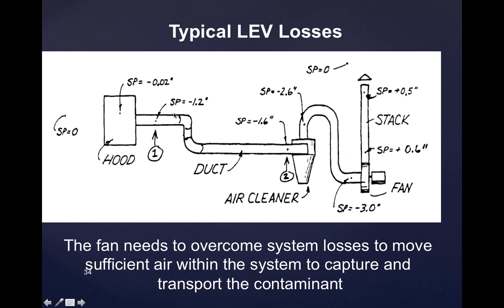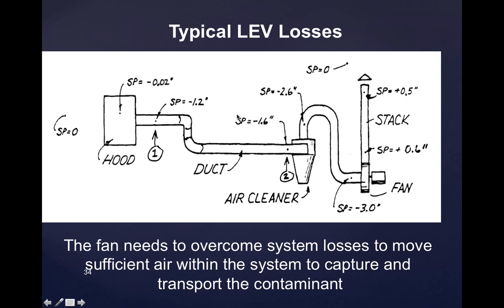Once we know we need that static pressure, we can then go to these various other transitions and figure out how much energy I am going to lose at this elbow. Well, I have to make up for that energy. So as I go through this elbow and this selected ductwork, I'm going to lose a certain amount of energy.